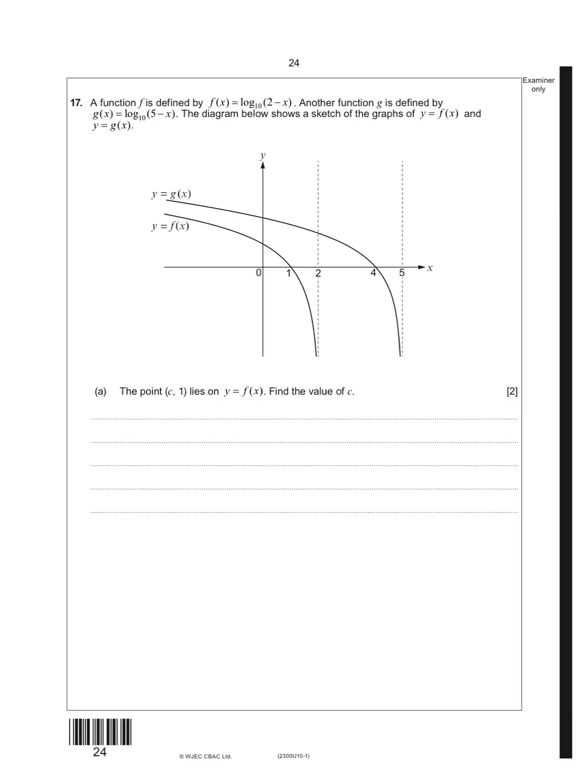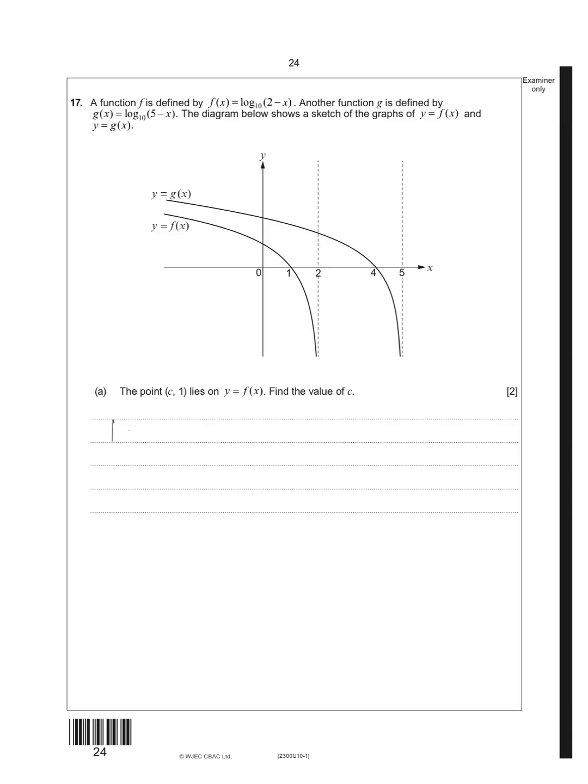Everybody loves a logs question. And this one doesn't look particularly nice, but I promise it's not as bad as it looks. So we know the point c, 1 lies on f of x. So remember the first one, c is an x value. The 1 is a y value or an f of x value in this case.